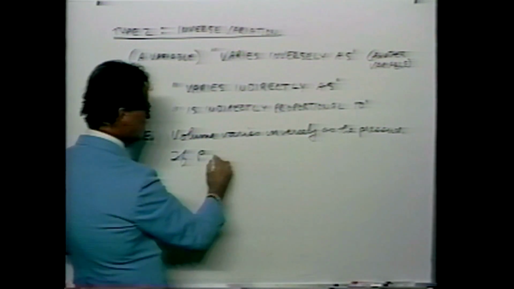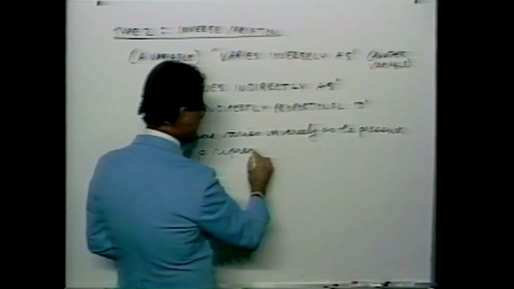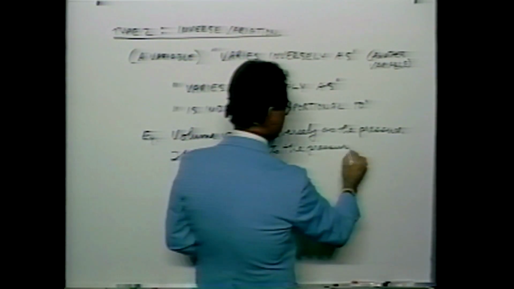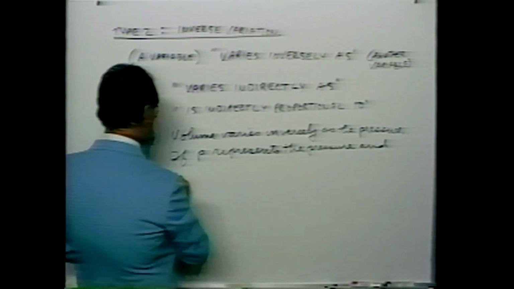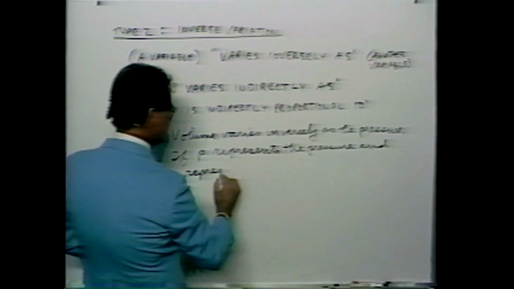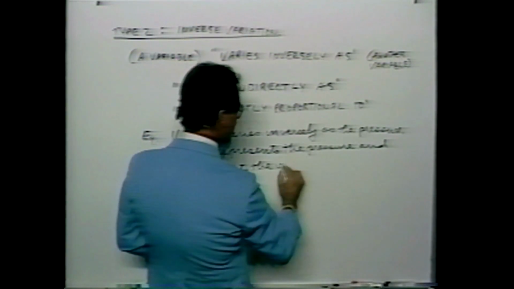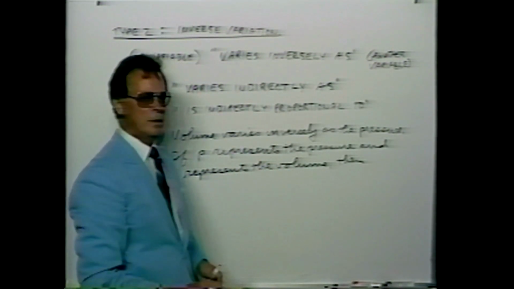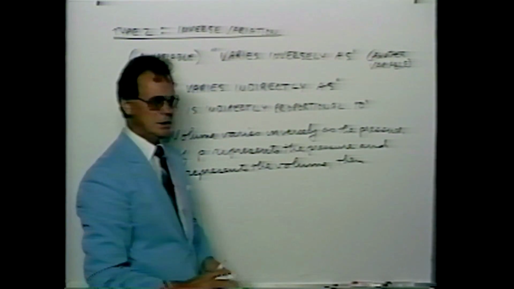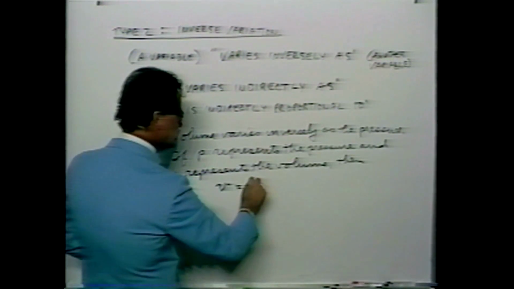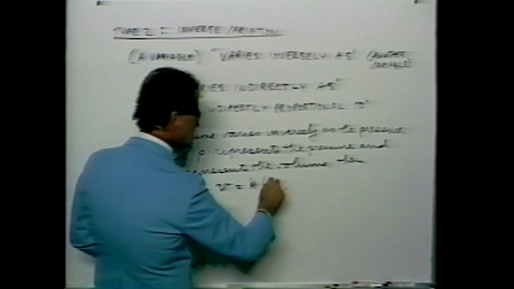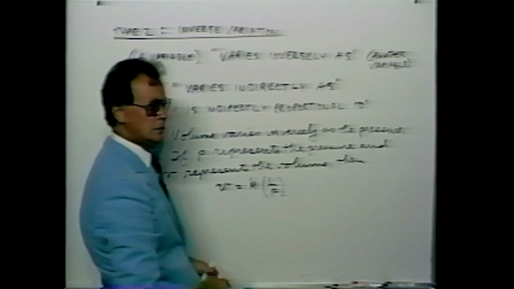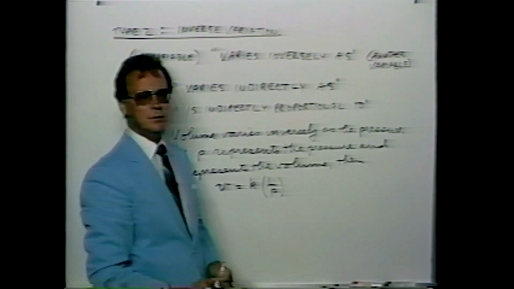If P represents the pressure and V represents the volume, then the formula which represents this law is V equals K times 1 over P. The reciprocal here of P indicates inverse variation.